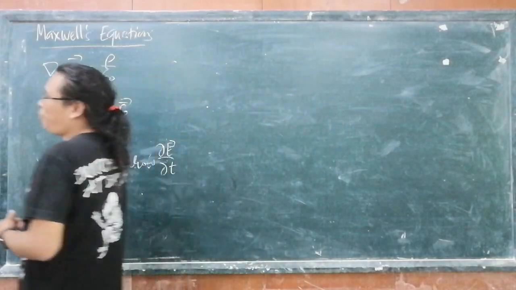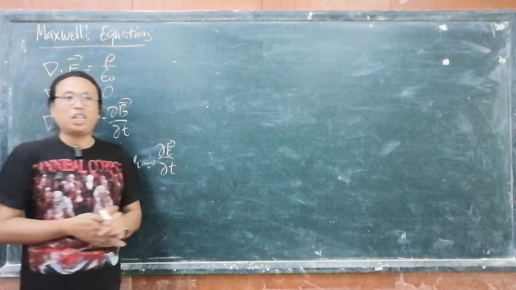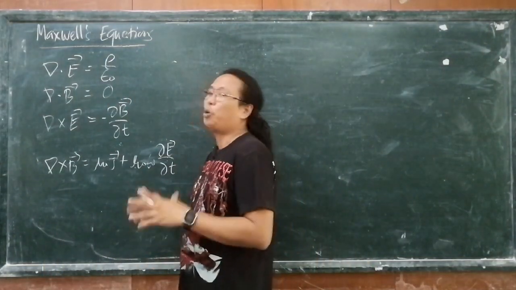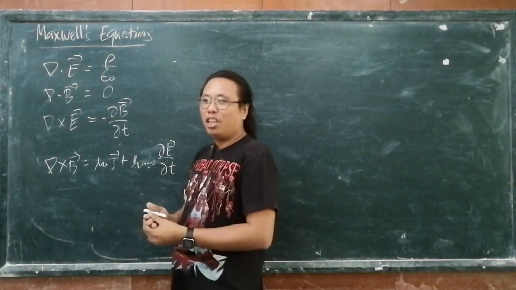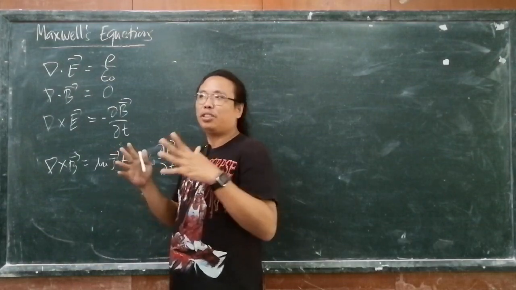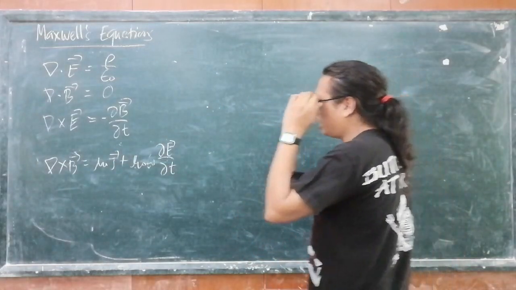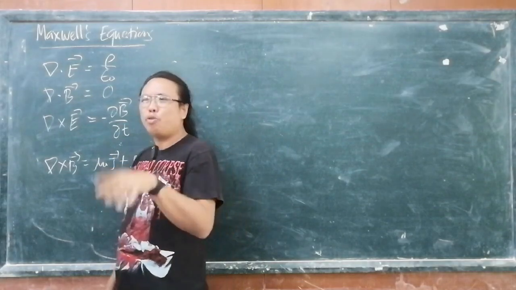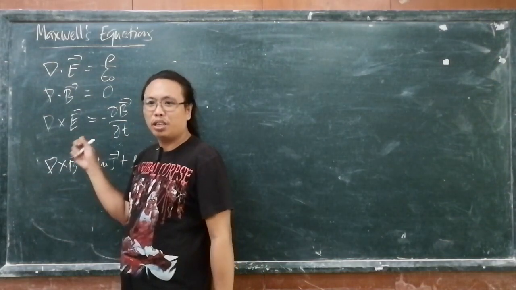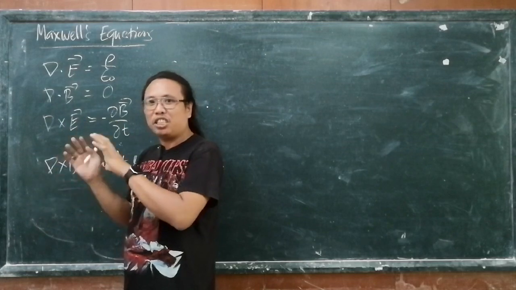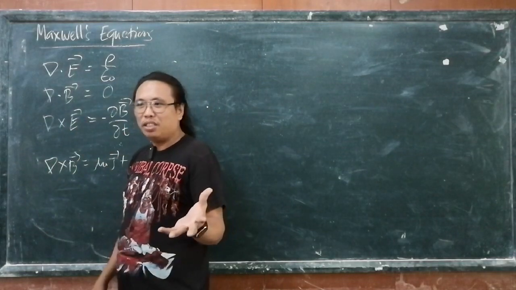Actually, it would be better if we formulate things in terms of potentials. Why? First is that potentials are actually more fundamental than the fields themselves. It's actually potentials that generate the field.